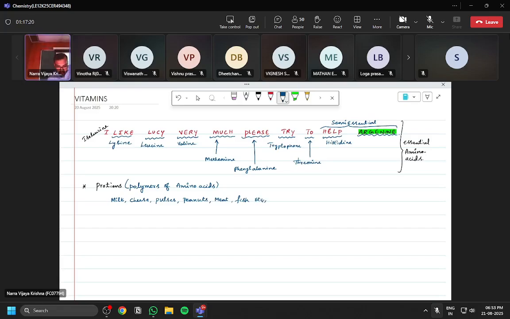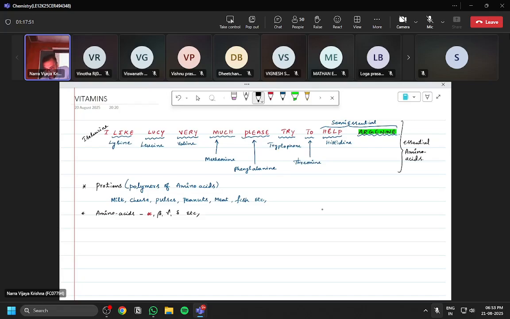Now, these amino acids are classified into different types based upon the position of the amine group and carboxylic acid. If they are present on the alpha carbon, we call them alpha amino acids, or beta, or gamma, or delta, etc. But here our study is majorly about alpha amino acids, right?